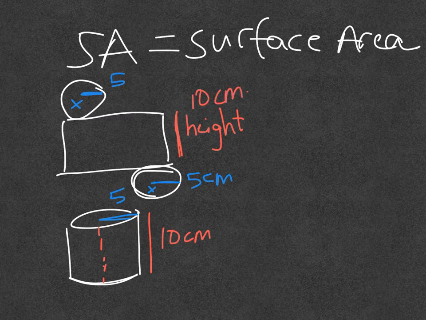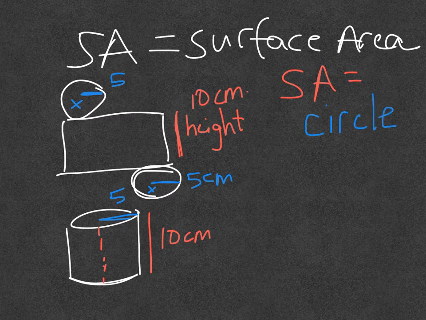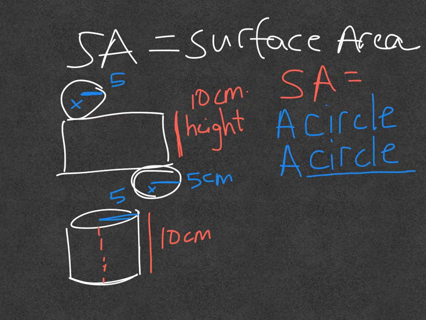Except we have a problem, because surface area means that we're going to take the area of the circles and think how many you have. We have the area of one circle, and the area of a second circle. Those two are congruent, so you could also just do circle times 2.